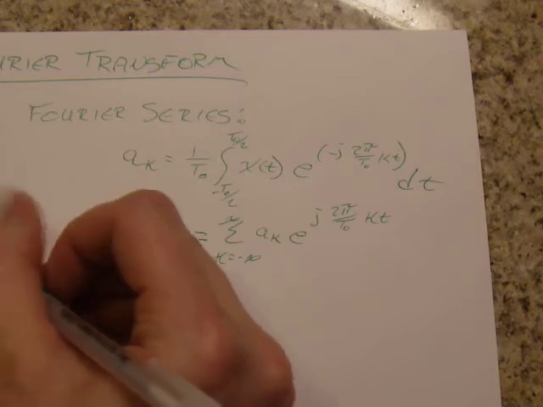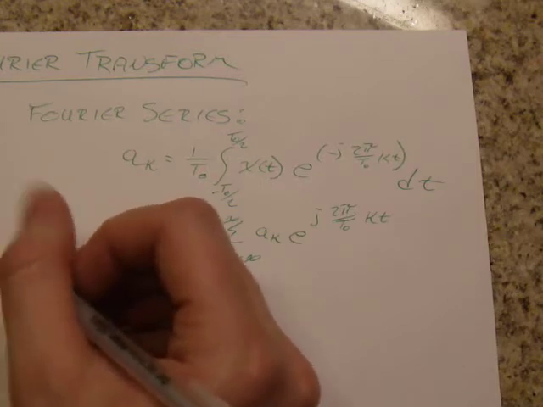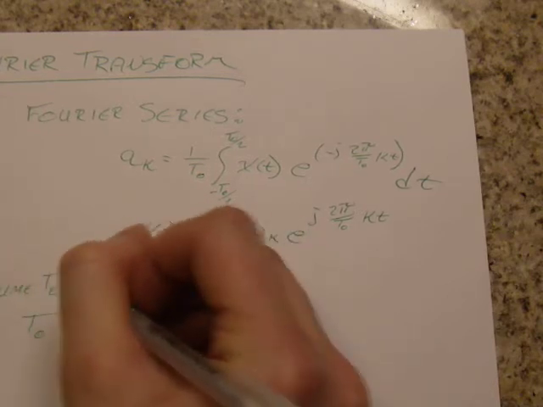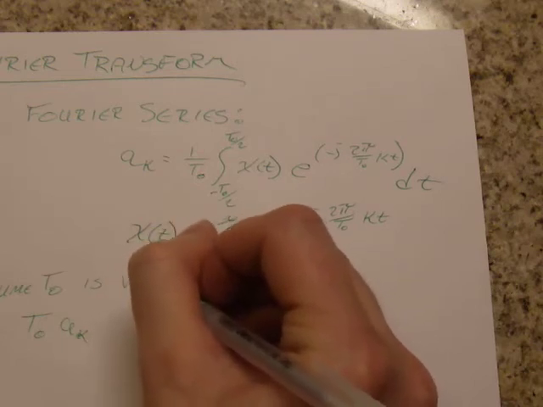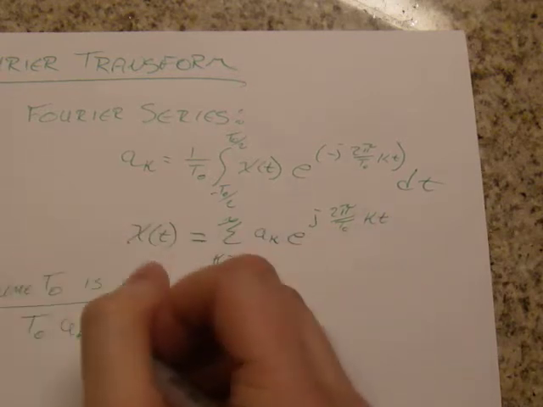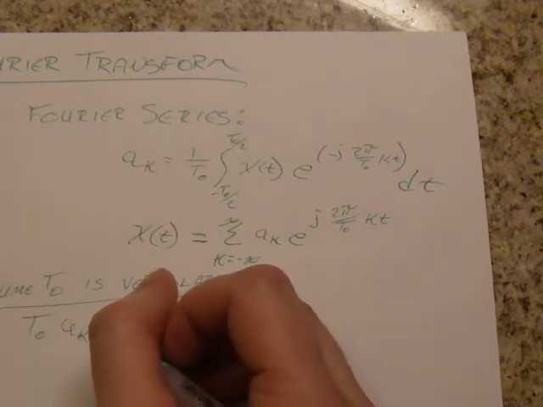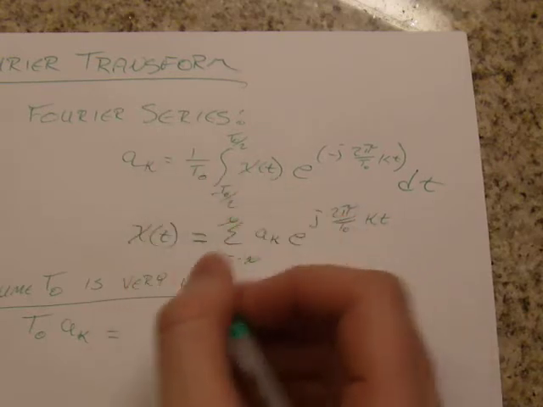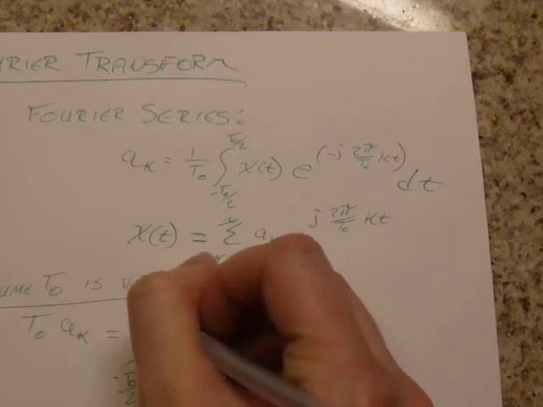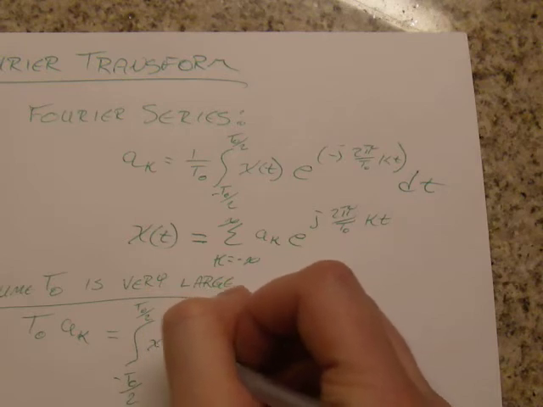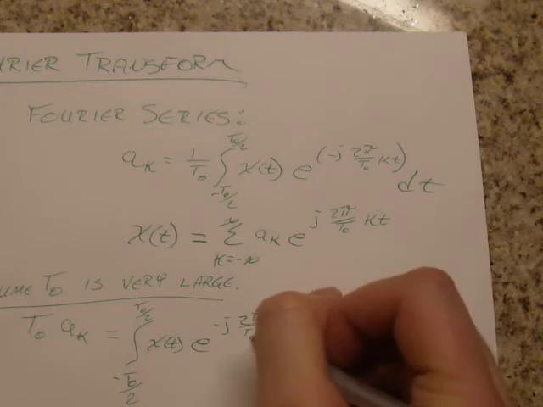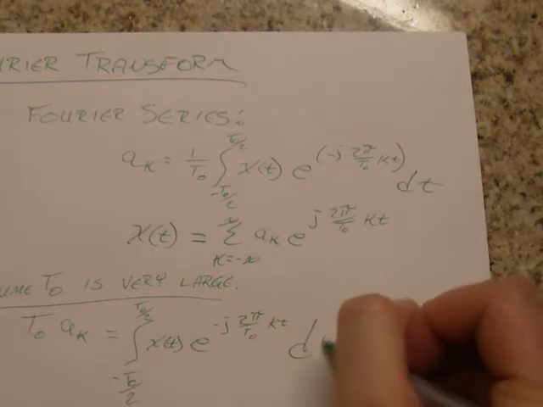Let me put a section heading here: assume t naught is very large. So t naught a of k is equal to the integral from negative t naught divided by 2 to t naught divided by 2 of x of t e to the negative j 2 pi over t naught kt dt.